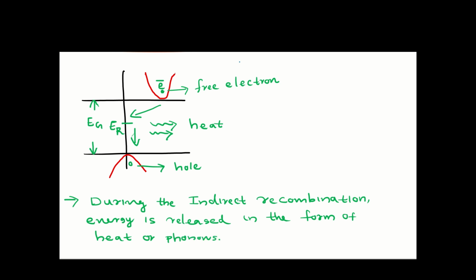Whereas in direct band gap semiconductor, the energy is released in the form of light. That is why direct band gap semiconductors are used for the fabrication of light emitting diodes, and indirect band gap semiconductors are not used for the fabrication of LEDs.